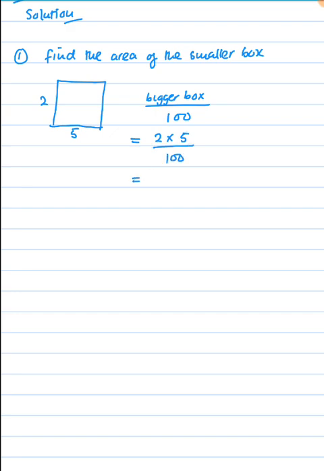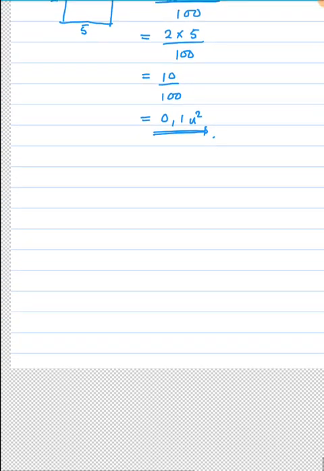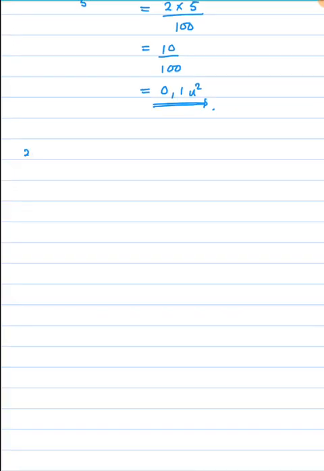So this then gives us 10 all over 100, and then we find 0.1 square units. So that's the area. And then we go to the second part.